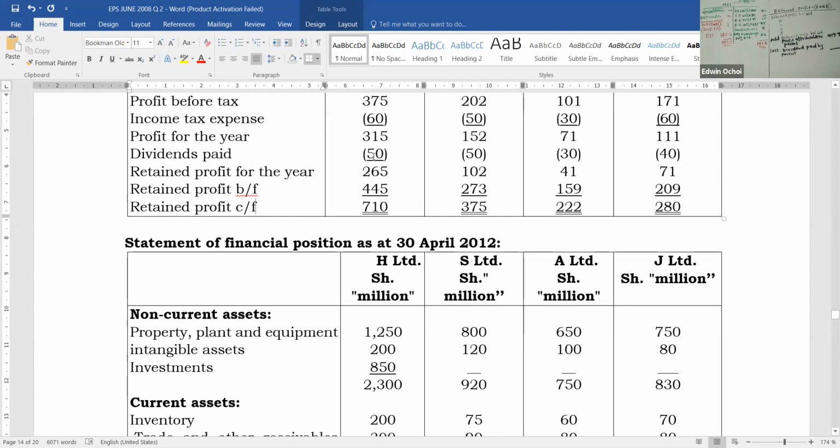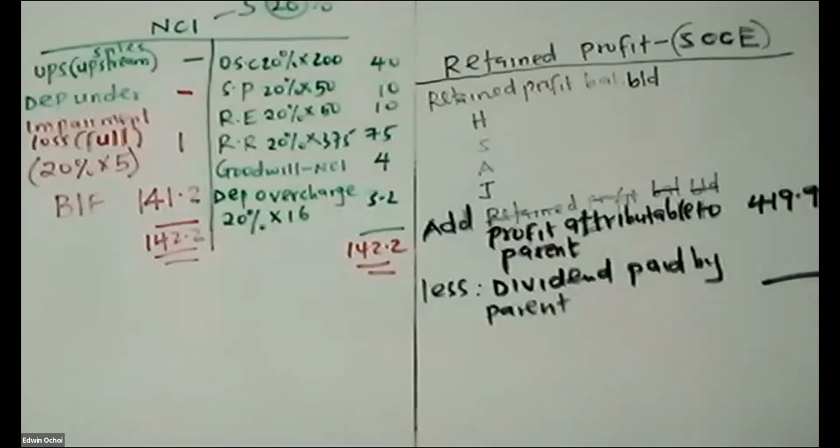This is under the column of the parent. So that's 50.